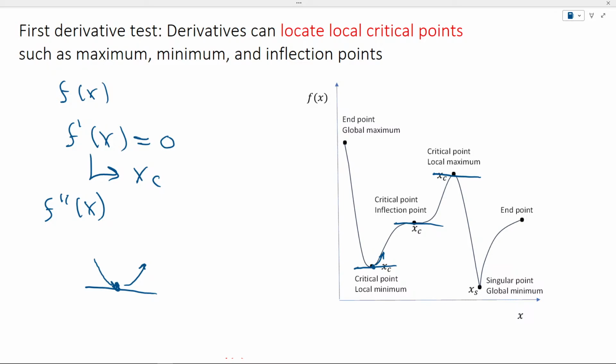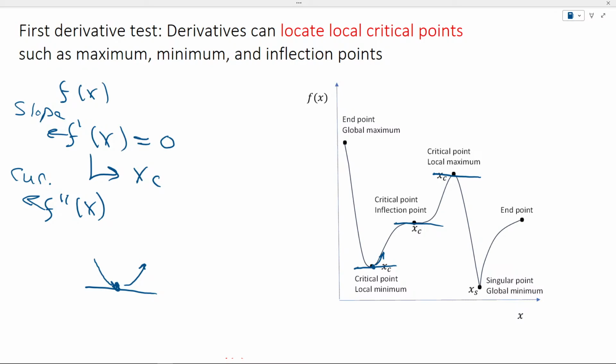Remember from the previous lesson, I told you this is the slope, and the second derivative is the curvature. And the third derivative, I told you, is called the jerk in physics. But this is the slope, this is the curvature.